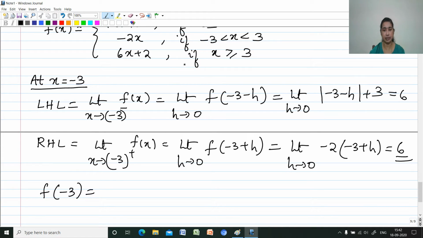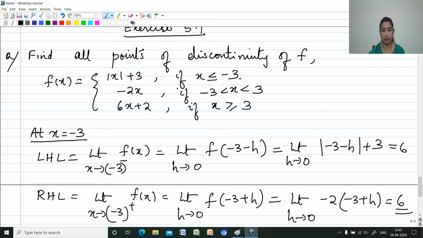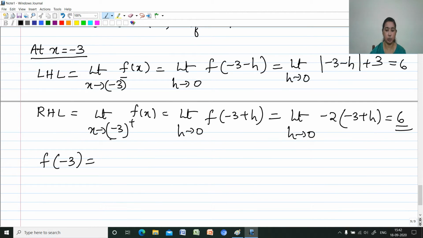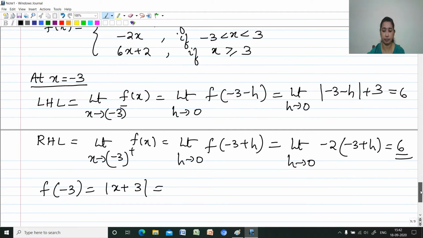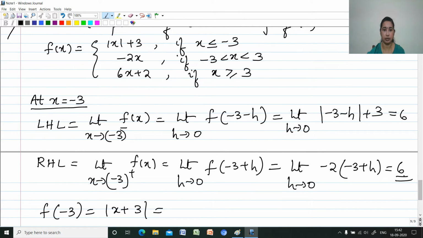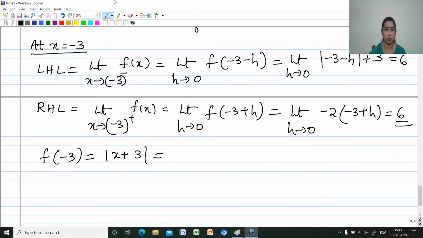F of minus 3, that is when x is equal to minus 3, then also we have to take the function modulus of x plus 3. The modulus sign is only for x.